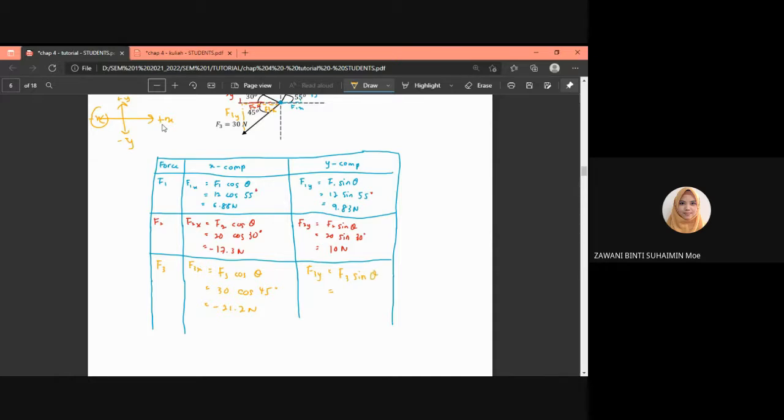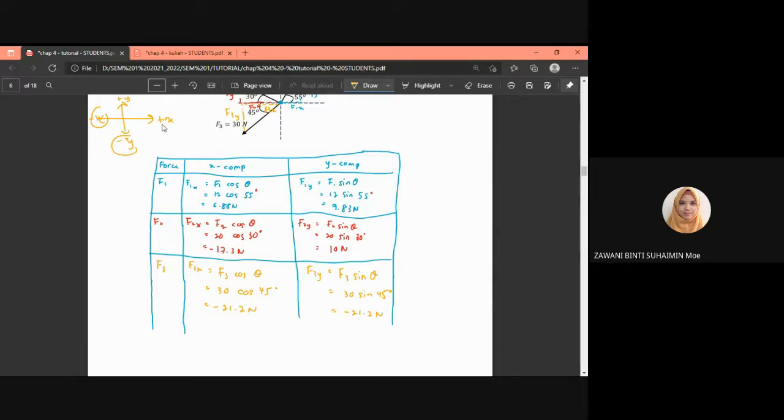F3 30 sin 45 will be equal to 21.2 Newton as well. Untuk F3 itu dari segi Y component dia ke bawah, so maksudnya dia lebih dekat dengan axis yang negatif, so negatif dekat sini.